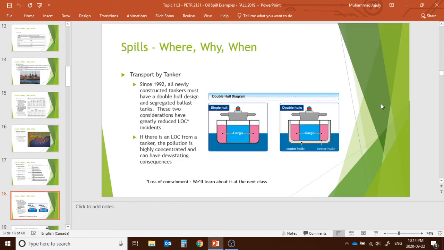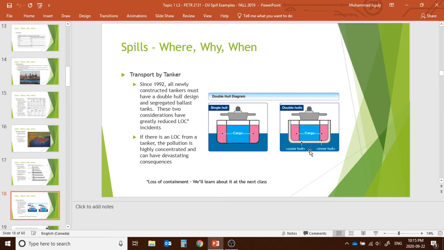Now, before the 1990s, we had only single hulls. That means we had only one layer for the cargo, so if any incident happened, the oil could go down and spill. But now we have double hulls, mandatory since 1992.